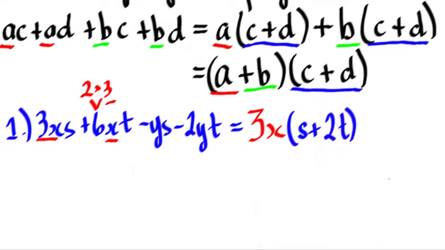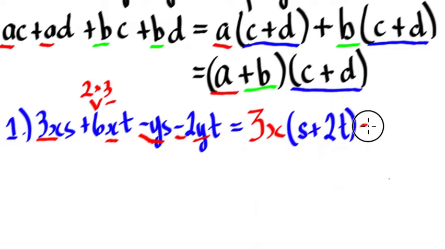Now, in the next batch of terms, both of them have minus signs, so we can take out the minus one. Notice that this has an s but the other doesn't, and this has a t and a 2 but the other doesn't. But they have a common minus sign, so we're going to take that out.